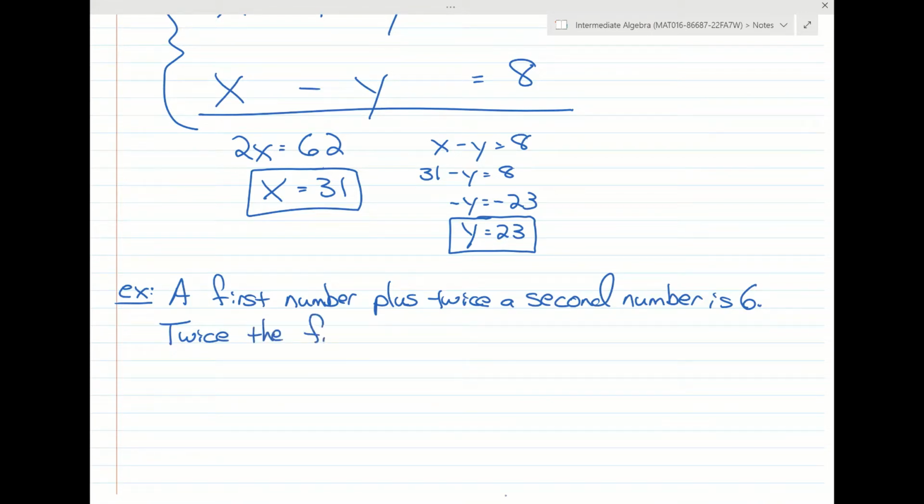Twice the first number plus the second totals 30. Find the numbers.